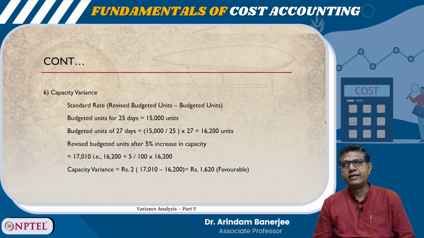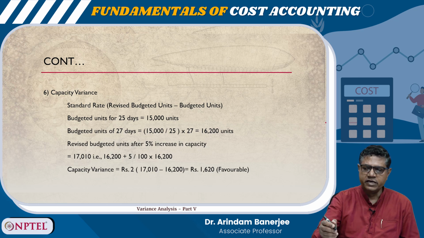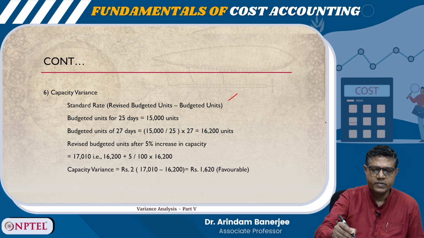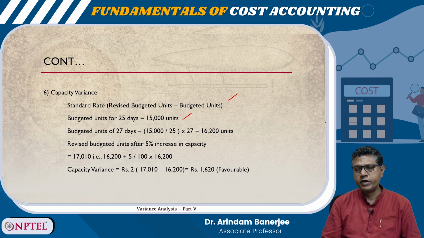There is a capacity variance. So, the capacity variance is standard rate into revised budgeted units minus budgeted units, right. So, budgeted units for 25 days is 15,000 units, right, and budgeted units for 27 days.